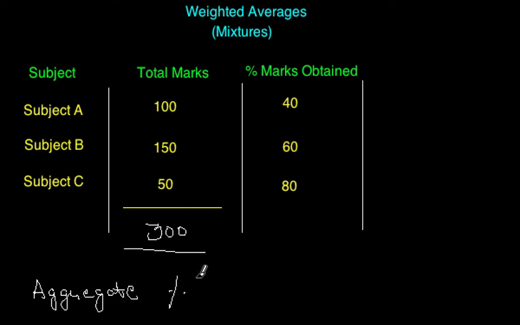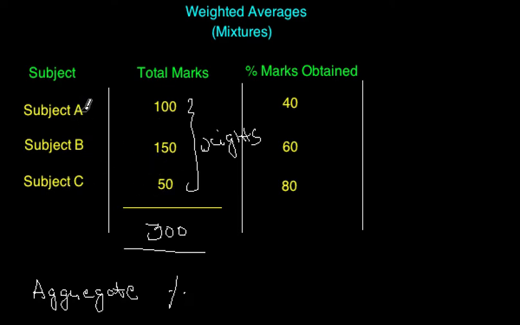So how do we do that? We cannot really average these three percentages because the total marks of all the three subjects is different here. So instead of averaging these percentages, we take a weighted average. These will act as weights here, because the weight of A is 100, and the weight of C is 50.